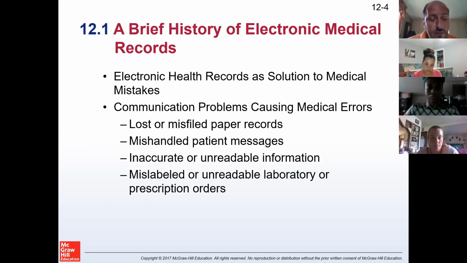It's really created an advancement, as we don't have to worry about losing files anymore. We have the information at our fingertips, literally, as long as your systems are up and running. Everything's readable, and you don't have to worry about anything mislabeled or prescription orders being inadvertently transcribed incorrectly.